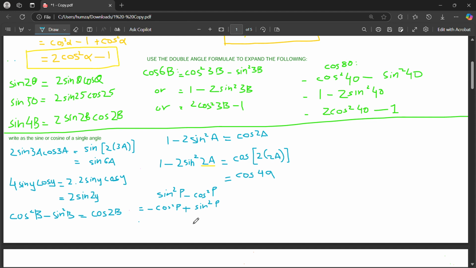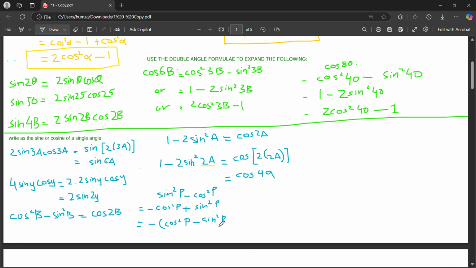Now we need to factorize, and we can take out minus as a common factor. So this will become your minus bracket cos squared p minus your sin squared p.